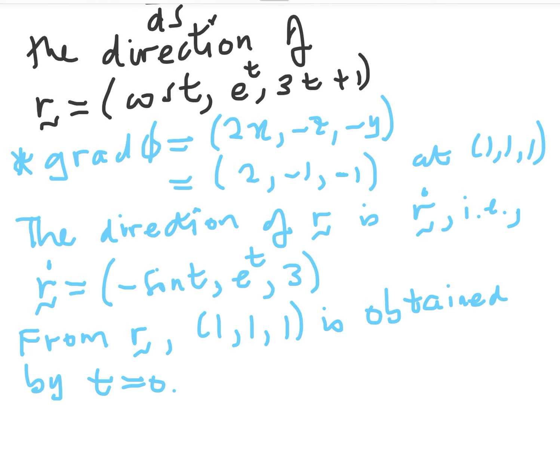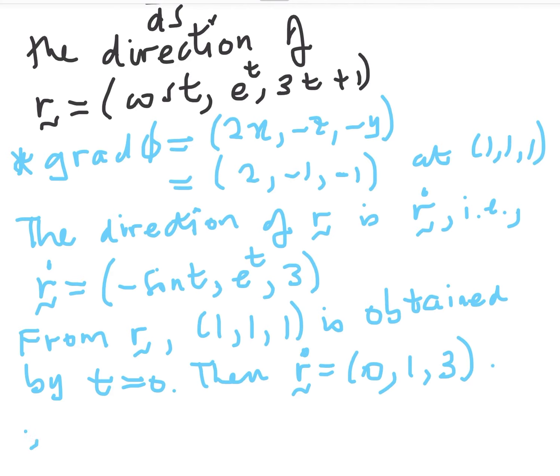This is then the t value that we would substitute into the vector r dot to get the direction. So vector r dot, for this value of t, will be equal to minus 0, which is 0, e to the 0, which is 1, and the third coordinate is simply 3. So at t equal to 0, r dot is 0, 1, 3, which is not a unit vector.